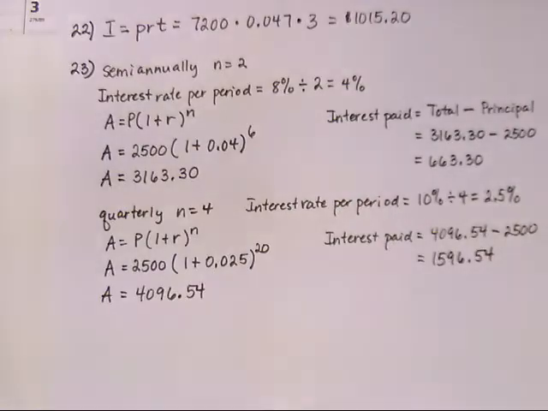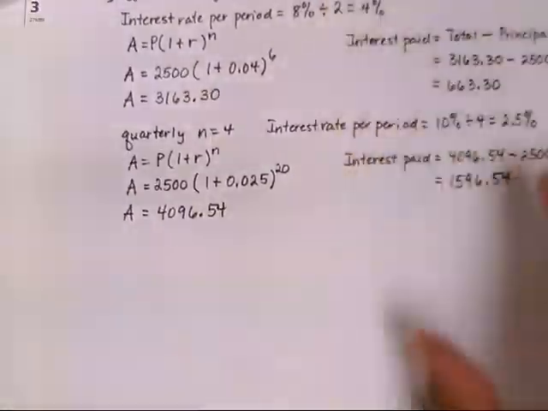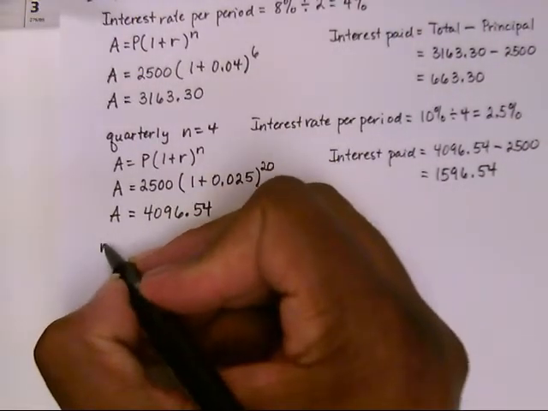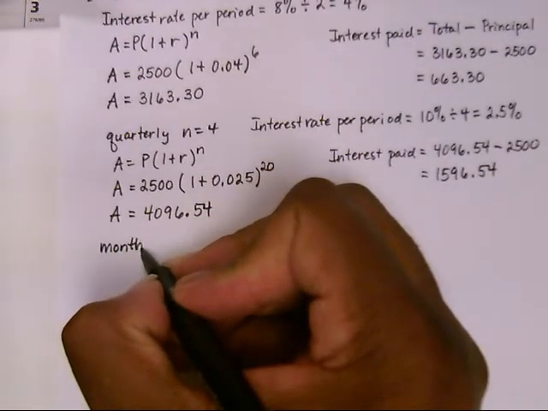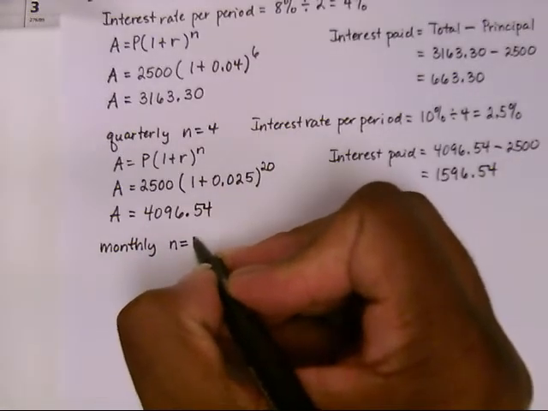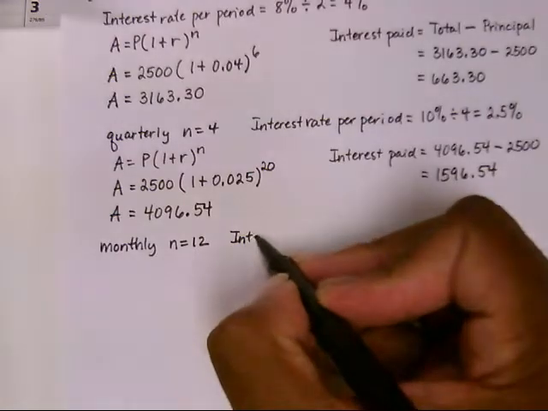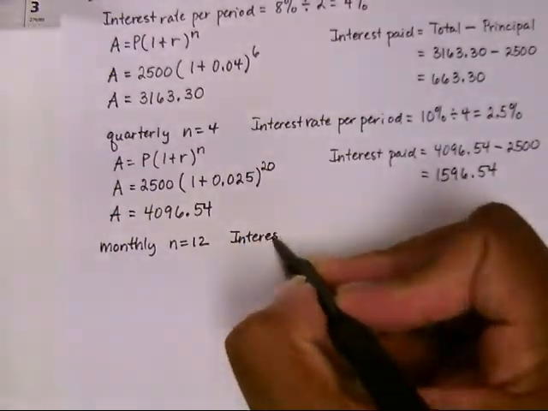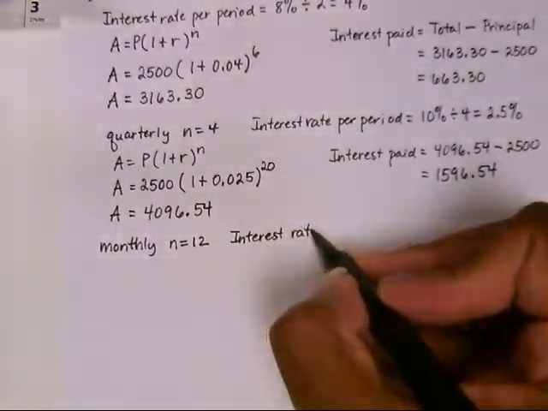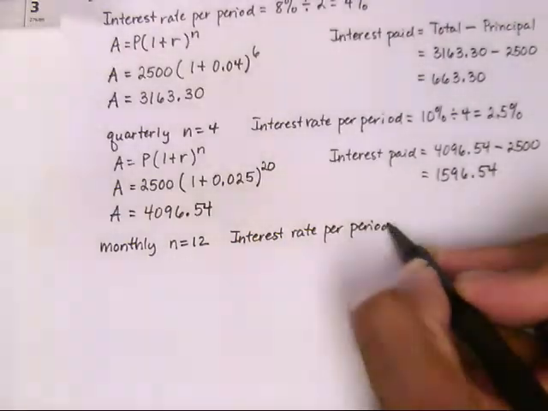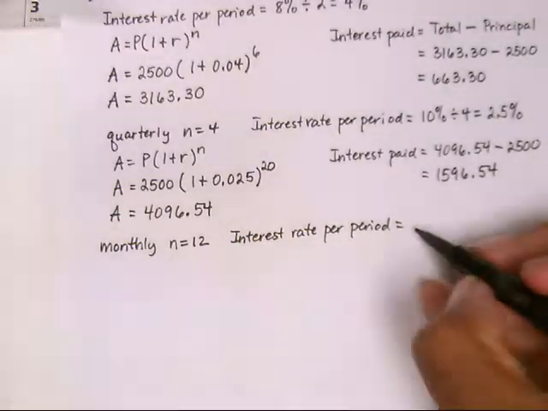And for monthly, that means that there are 12 compoundings in a year. So if it's compounded monthly, that means n is equal to 12. So that means that the interest rate per period is this.